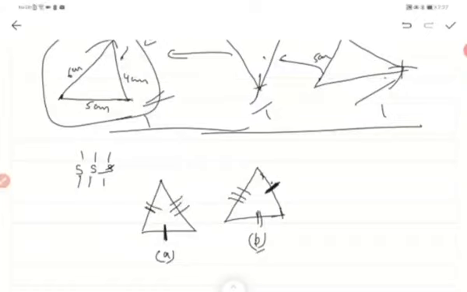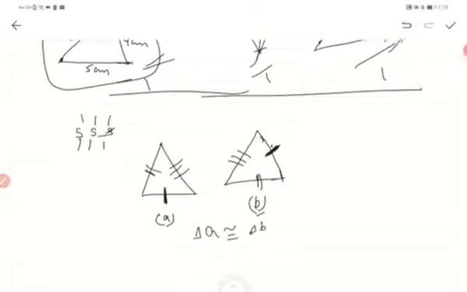Then you will say triangle A is congruent to triangle B. Why? Because all the sides match with a side of the other triangle: this side is equal to this side of triangle B, this is matching with this side, and this side is matching with this side.